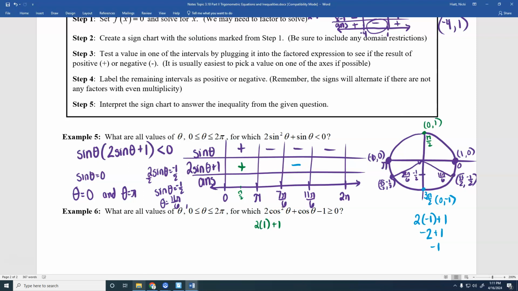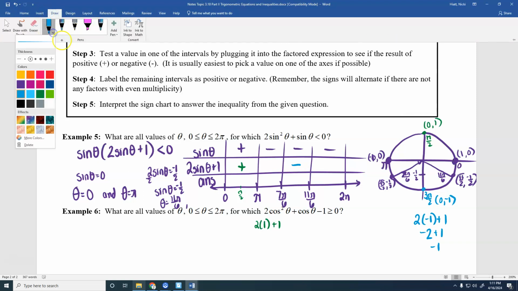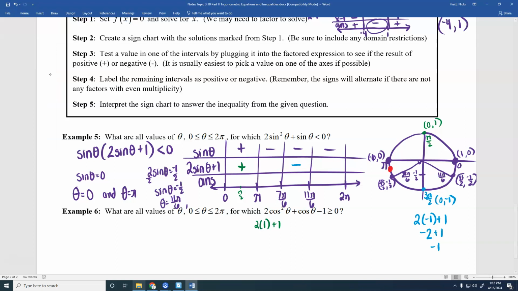And here's our other issue. Do we know any numbers between 11 pi over 6 and 2 pi? We do not. Nothing that we got memorized on the unit circle. So we've sort of got to think about what's going to happen here. If we pick a point that falls right here, we need to think about our y-coordinates. I don't know what the y-coordinate would be, but I know what it would be between.